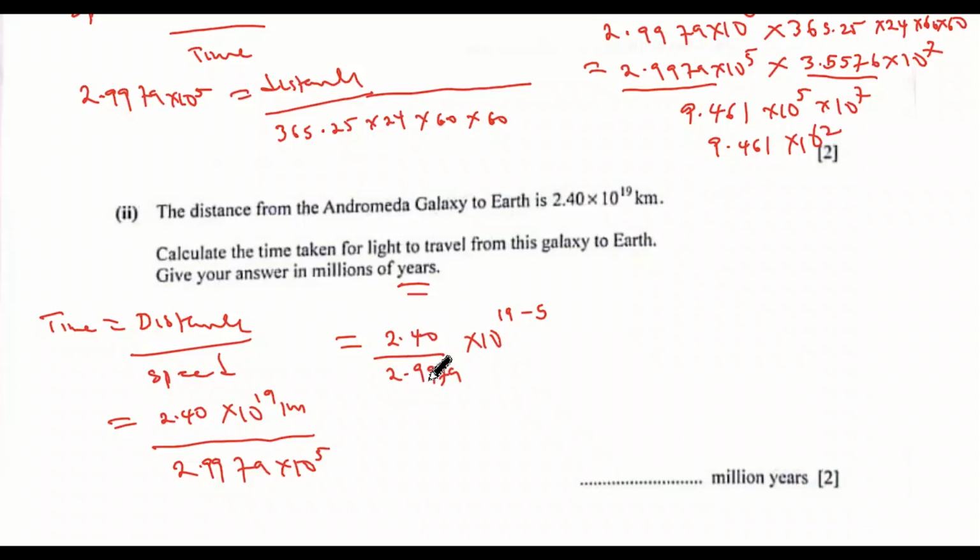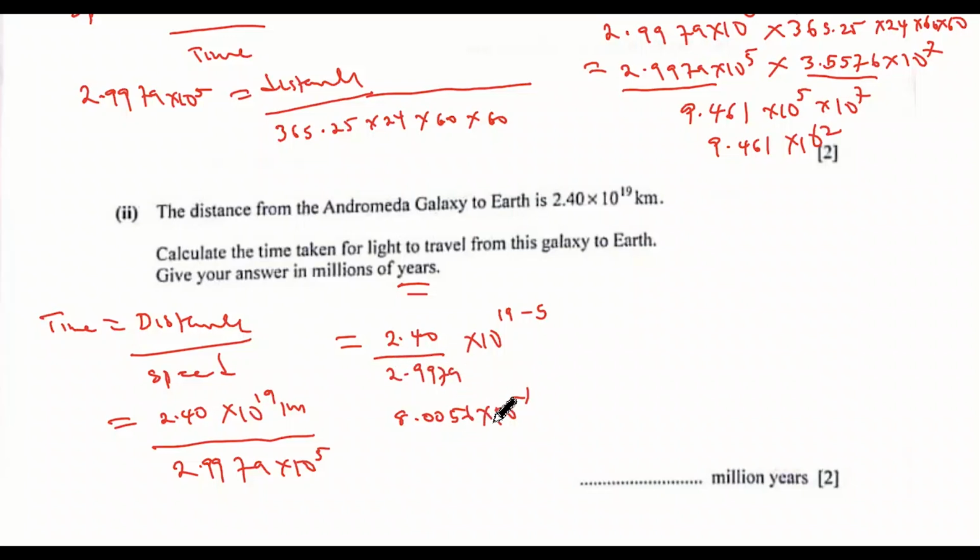If you divide 2.40 by 2.9979, you will get 8.0056 times 10 to the power of negative 1, because this will give you 0.800056.